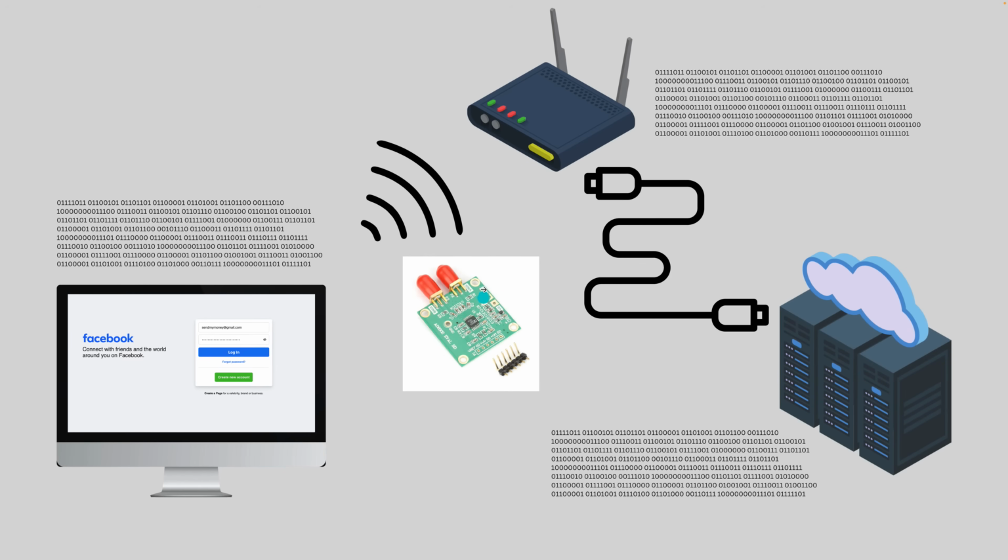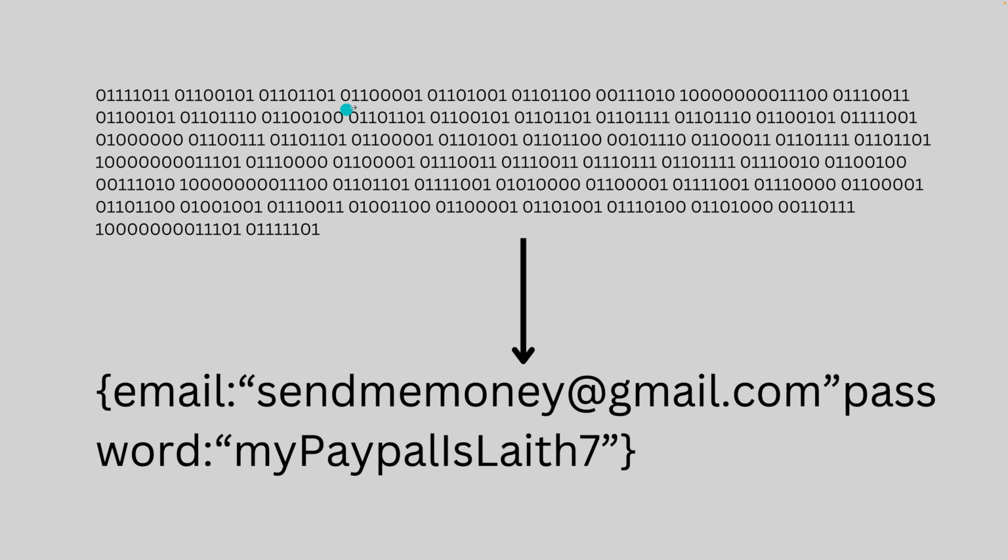So I can just have this roaming around in the room and read all of the byte data. And once I get the byte data, I can just convert it to human readable JSON. And look at that. Now I have your email and password. And that is exactly why HTTP is not secure.